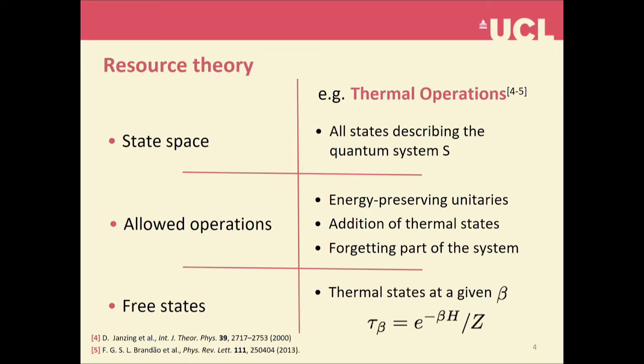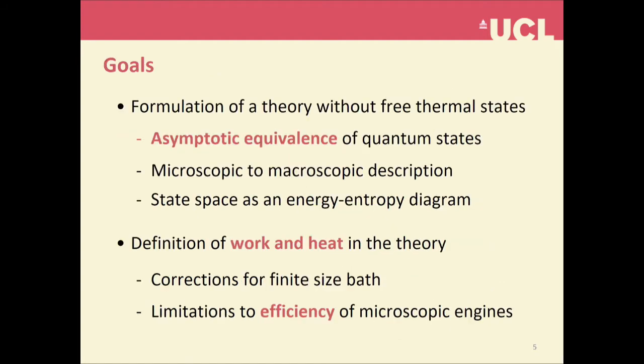Okay, let's see the main goal of this talk. What I want to do is to present a resource theory in which we don't have this infinite thermal reservoir, which means we don't have any free states in this resource theory. We'll see that within this resource theory, quantum states are asymptotically equivalent to one another if they share some common property.